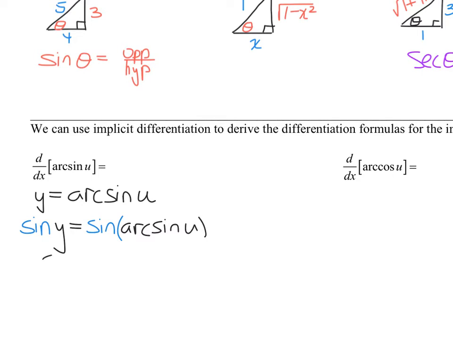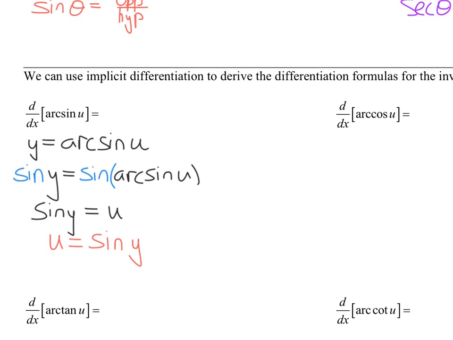All right, so we have sine y equals u, because the sine of the arcsine would cancel. Making our equation, I'm just reversing the order, u equals the sine of y. So it's an explicit equation, but we solve for u in terms of y rather than y in terms of u, but we can still work with it.